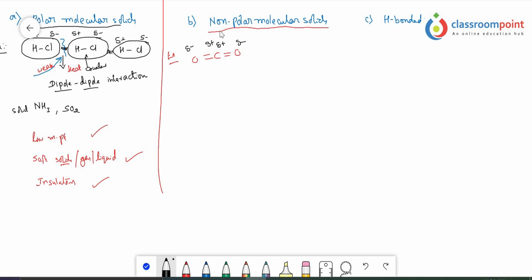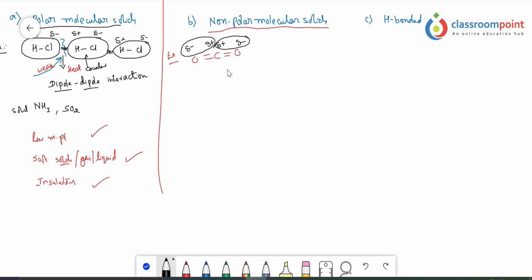So we can take this as an example for the non-polar molecular solids, but people may ask the question, sir, here two poles are there, and here also two poles are there. Even though poles are there, if we can call this a polar molecule, then it has to come under the category of the polar molecular solid. But why are we discussing it in the non-polar molecular solid?